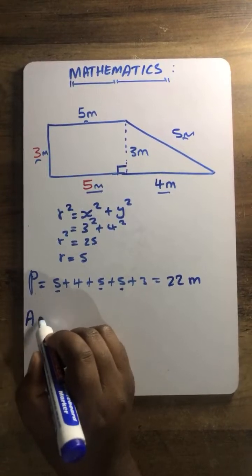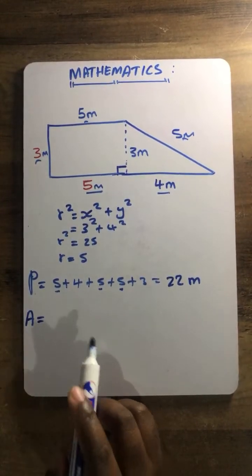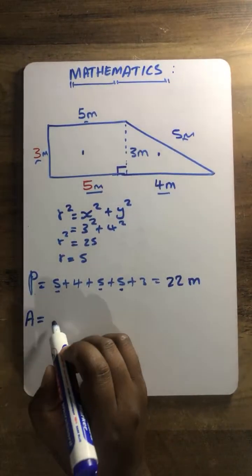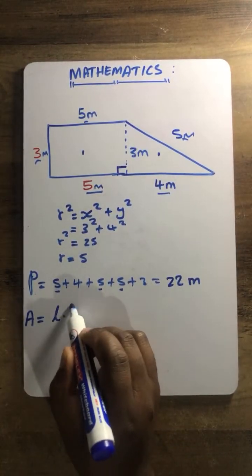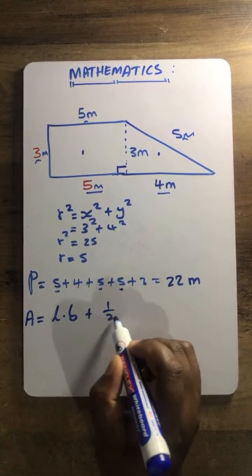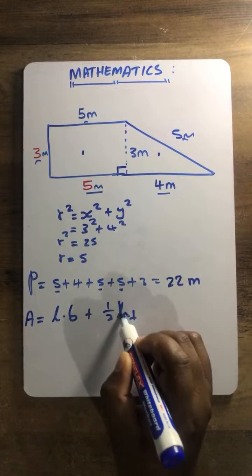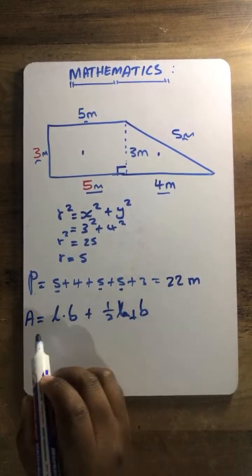And then when it comes to the area, it means I've got a square there and a triangle there. So that means the area is going to be length times breadth plus half of length, or height, you can just say perpendicular height, it doesn't matter, times breadth.